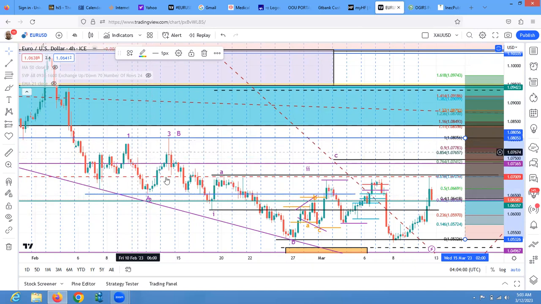So I think it's A, B, C, or W, X, Y, which is more correct. This one has finished 5 and W, X, Y because of this expanded flat that we have here. So it's more of W, X, Y here.